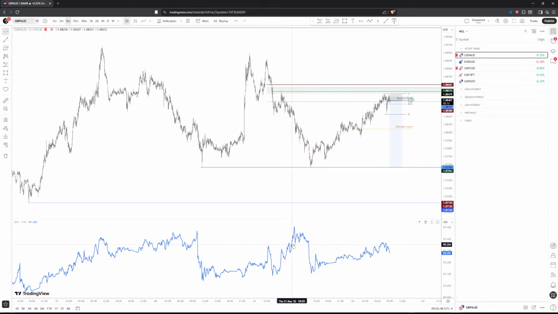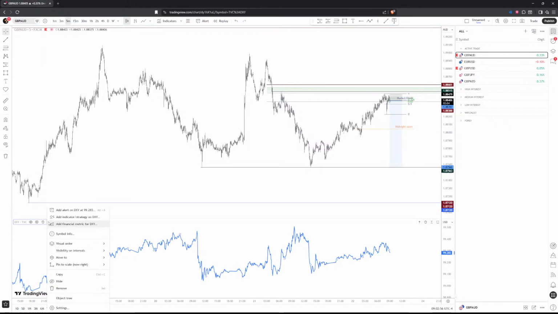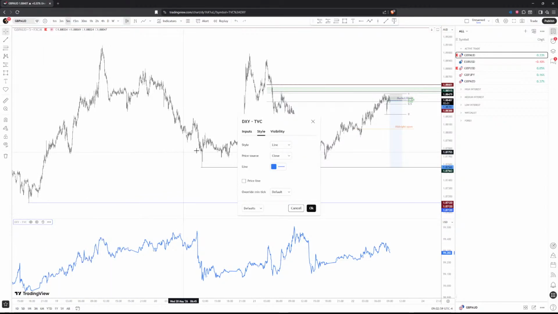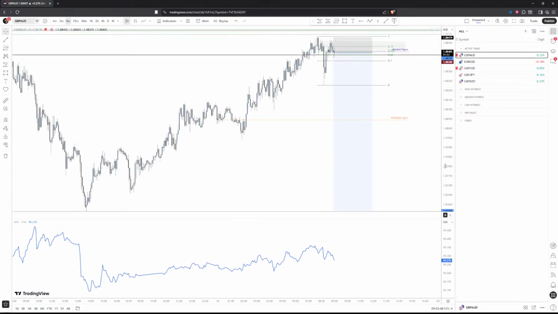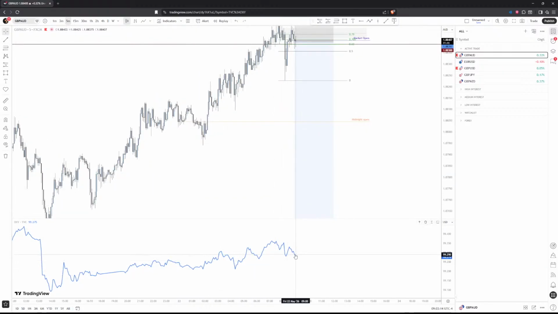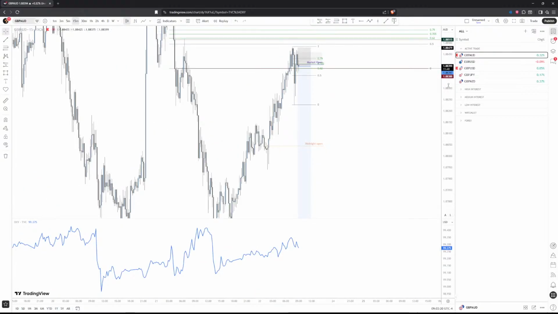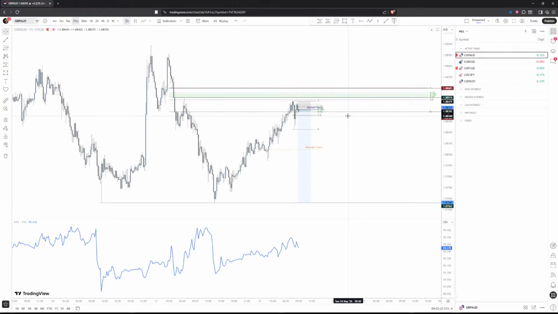From here up, it went inverse. Sometimes it moves in tandem, sometimes it doesn't.